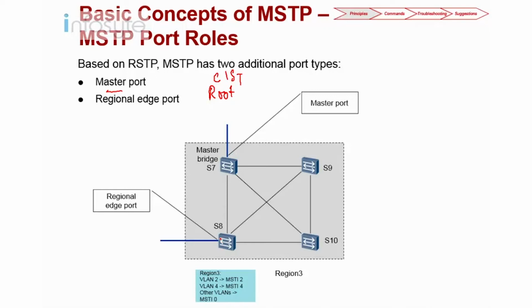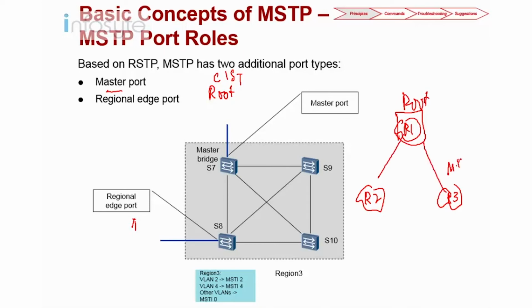And whereas for the region to region, you can see there's a switch 8. This is called the H port. This is the H port because it connects regions. If you still remember our regions here, we have region 1, region 3, and region 2. So our root is here. We have a root here. So here we have our master bridge.